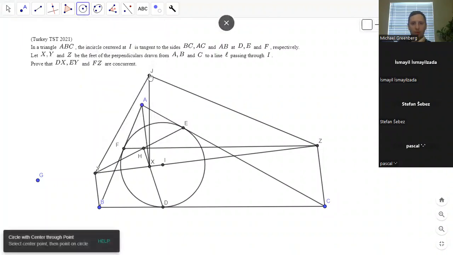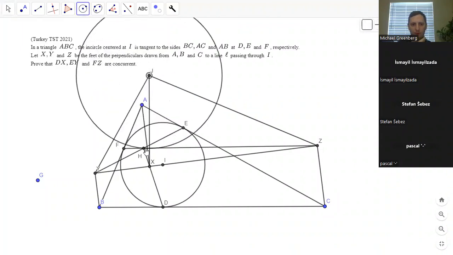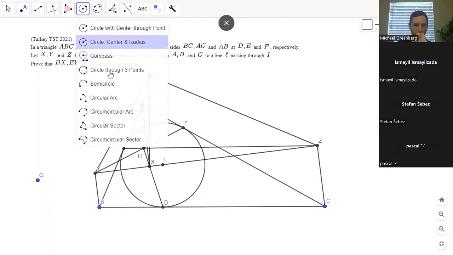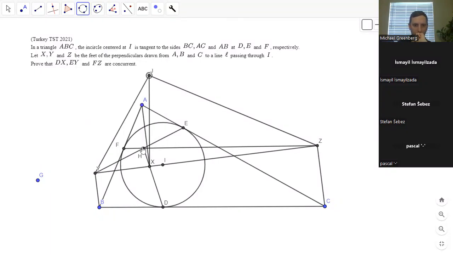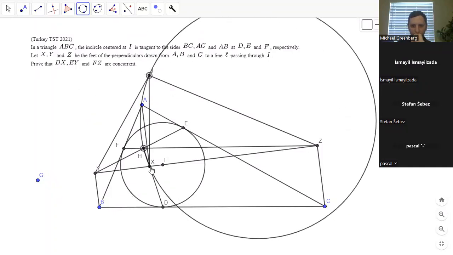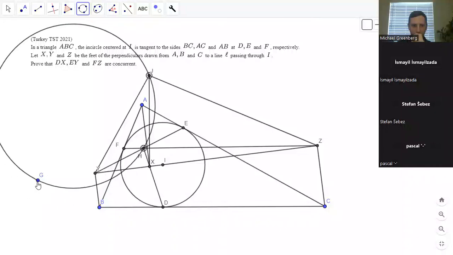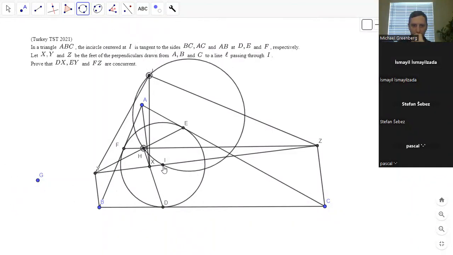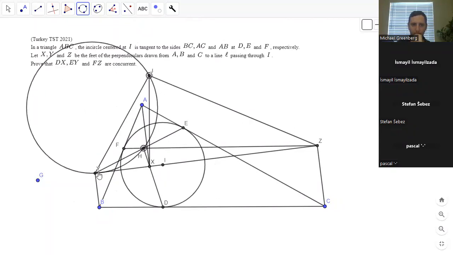Maybe there's something special about JH. Let's see. Yeah, I don't know if there's really that much we can do. I actually wonder if maybe the problem can be generalized.